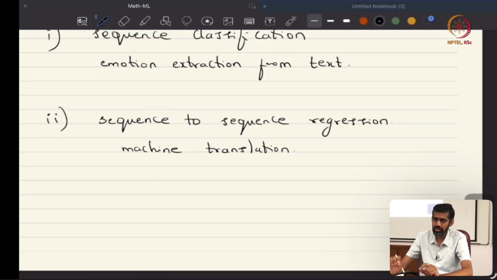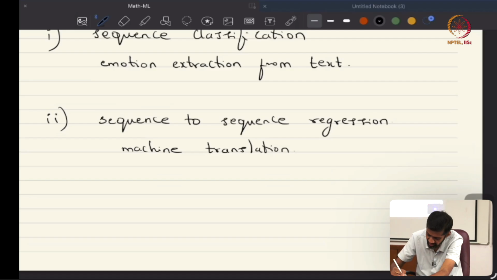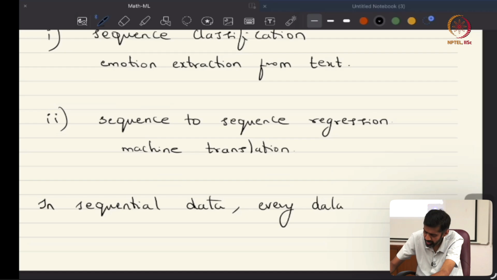So one issue with sequences is that every data point that we get may be of different length. So let us write that. In sequential data, every data point may be of different length.